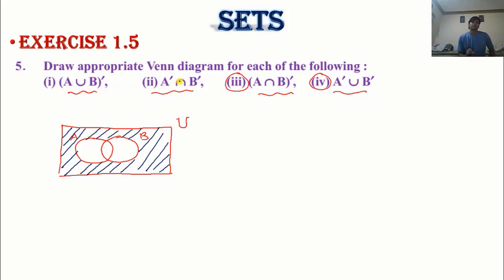And as these are De Morgan's law properties, the figures of 1 and 2 will be the same. By the same way, for (A intersection B)', 3 and 4 will be the same.